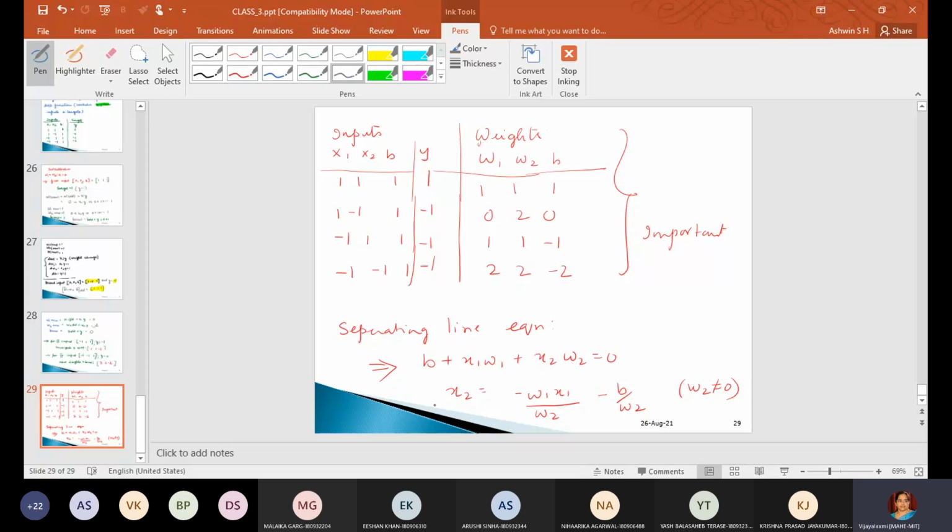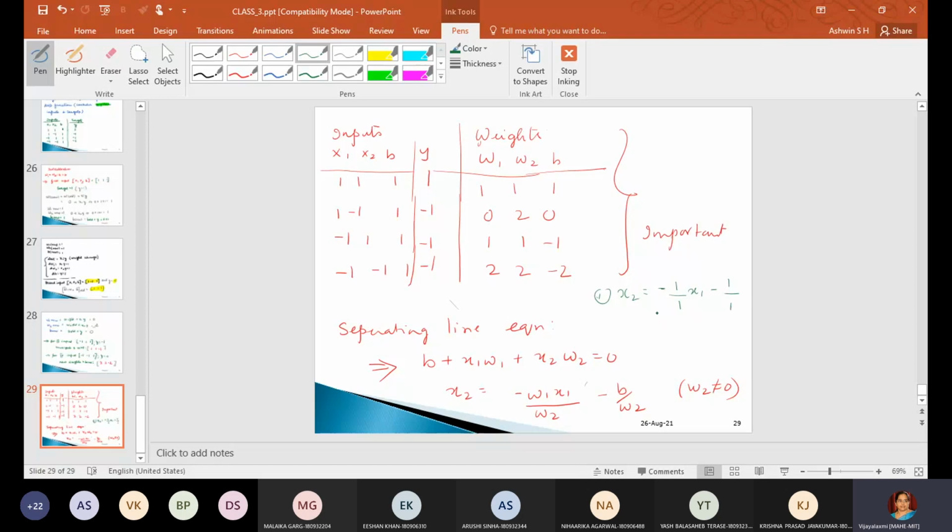For the first equation, make use of the first row. x2 is equal to minus w1 by w2 into x1 minus b by w2, with w1 and w2 equal to 1 and b equal to 1.